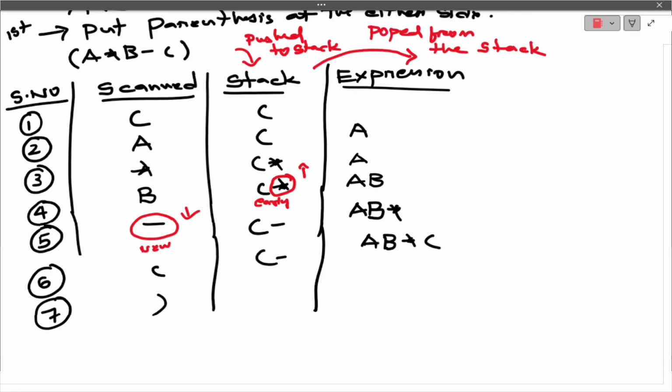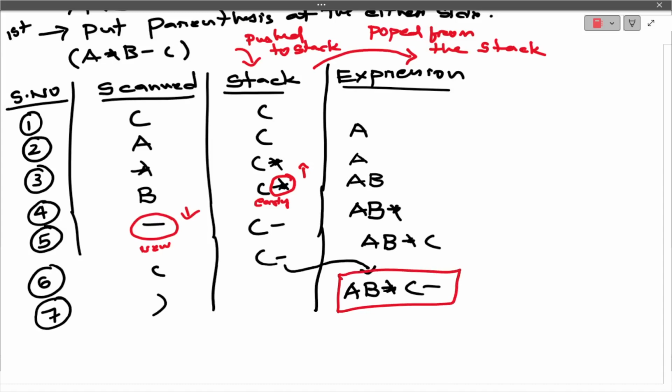So in this particular time, this particular thing will be taken here. Means what will happen? A, B, asterisk, C, minus. Did you get it? When I have a closing parenthesis, my stack needs to be empty. Every operator, whichever is there in this stack, will be taken to my expression. Now this is my final expression.